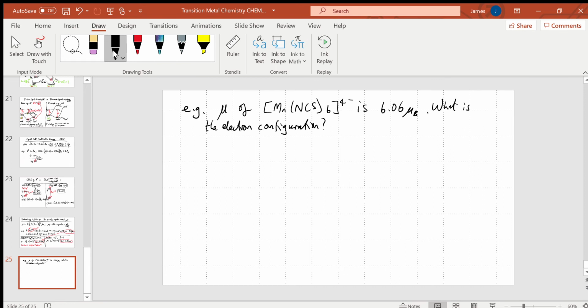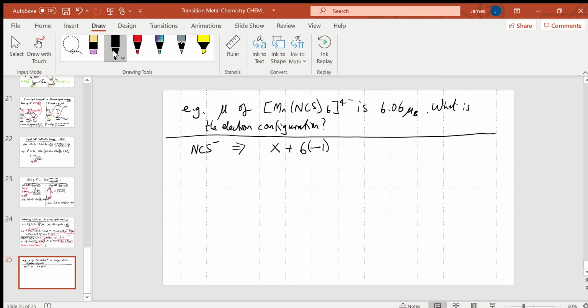We know that NCS is a negatively charged ligand. So we can figure out what the charge on manganese is. That's the first thing we need to do. Whatever the charge on manganese is, let's call it X. And there's 6 negative charges on the NCS ligand.